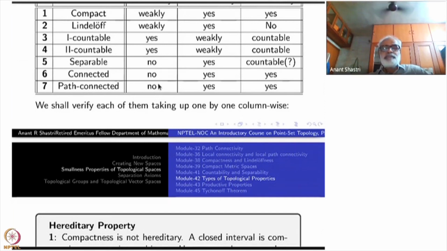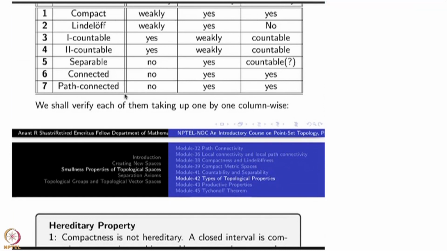You take an interval, remove a point, and the connectivity is gone, right? So subspaces need not be connected for a connected space and a path connected space. But for separability, how do you do that? Why is separability not hereditary?